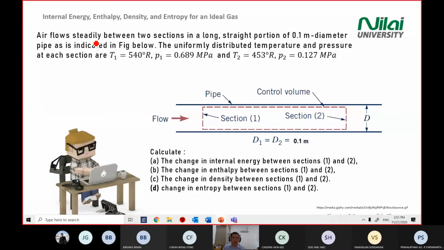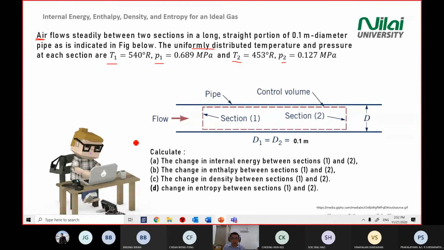The question goes like this: you have a steady airflow, the medium is air, between section 1 and section 2, a long straight portion of 0.1 meter diameter pipe, with uniformly distributed temperature and pressure at each section. You're given temperature 1, pressure 1, temperature 2, pressure 2.